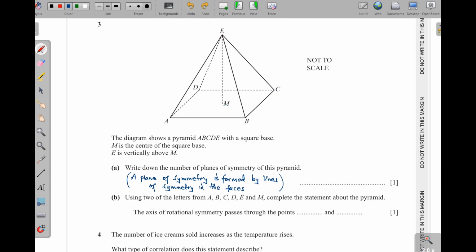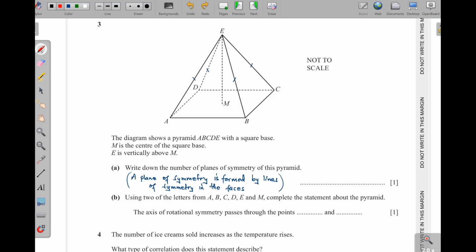Now, for the planes of symmetry, since the base is a square, this one is equal to this, is equal to that, is equal to that. The slanting heights are all equal. Are we there? So this simply implies that the triangles formed in these faces are isosceles.